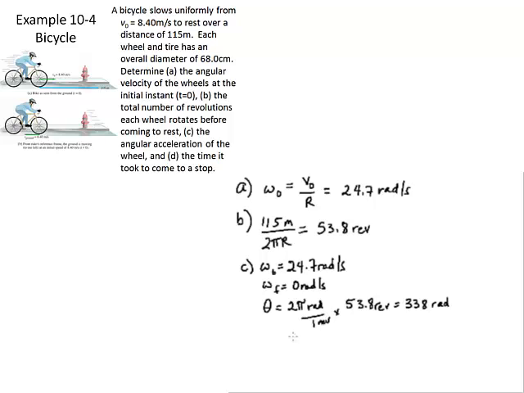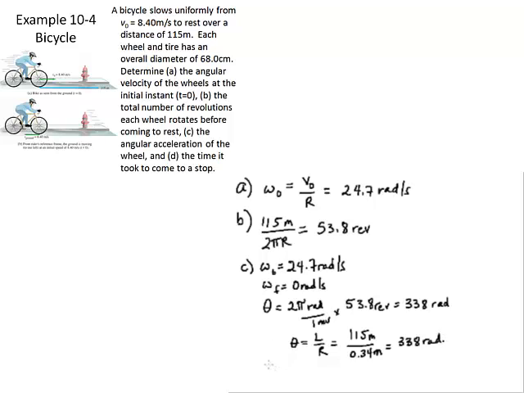Another way of looking at that might be, using the relationship between angular and translational quantities, to say that theta is equal to L over R, or 115 meters divided by 0.34 meters, which would also give us the same 338 radians.